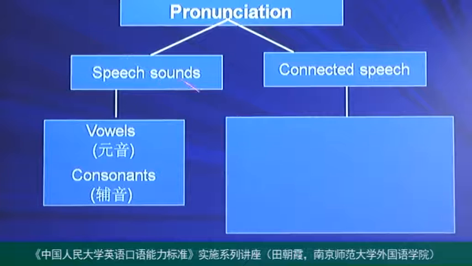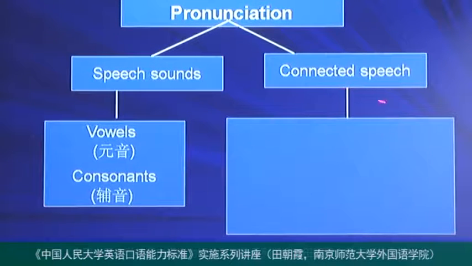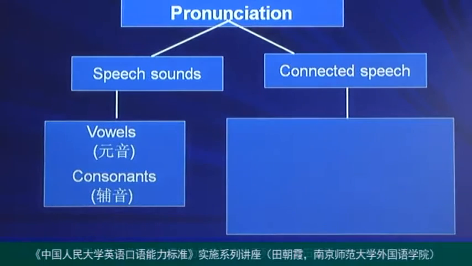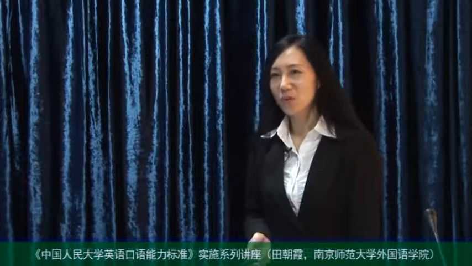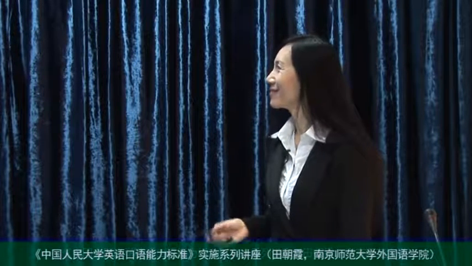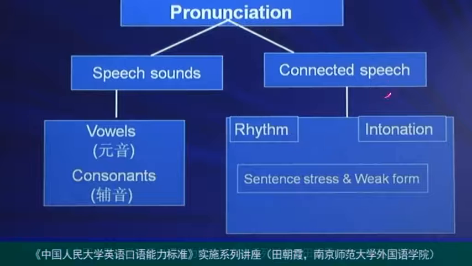In the previous 4 chapters, we talked about this big category: connected speech, mainly rhythm and intonation, 节奏, 语调. There is no rhythm and intonation when only individual sounds occur.